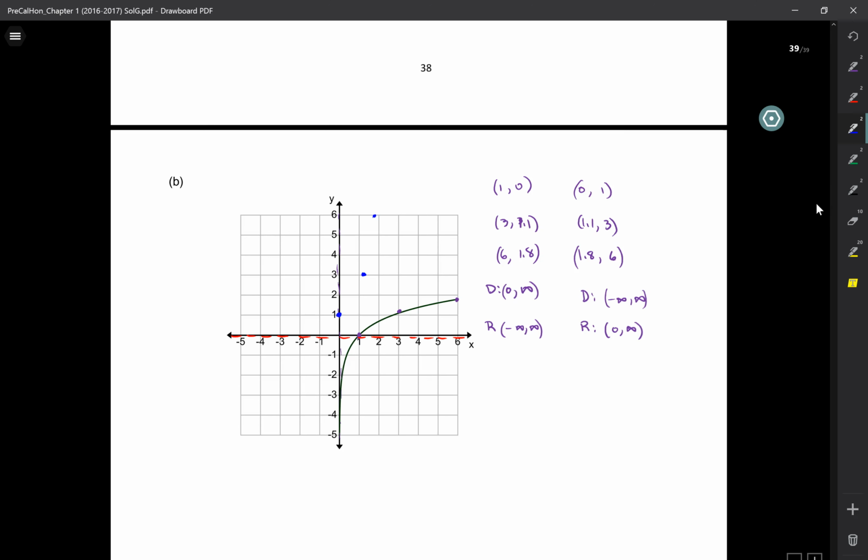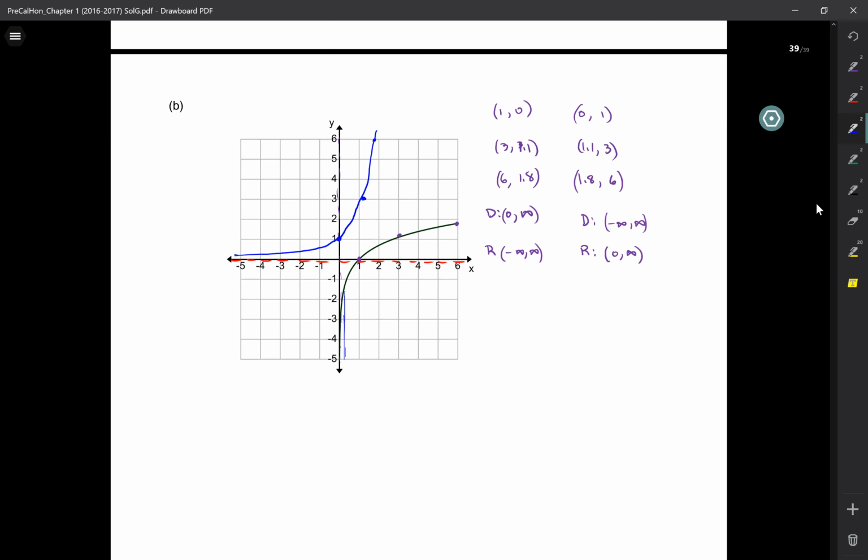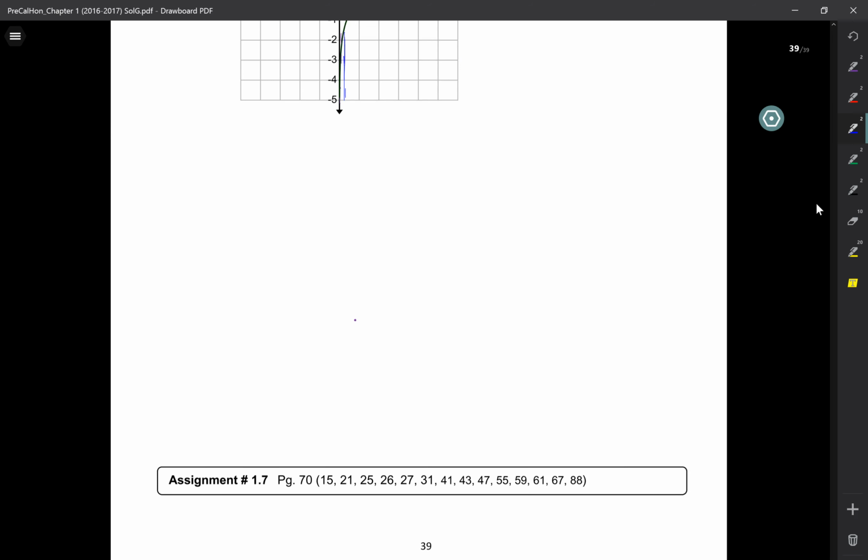And if the graph was riding along the asymptote in the negative values here, then it'll ride along the asymptote in the negative values here. And it'll look like that. Okay, so that's the graph of the inverse. All right, so that much for 1.7.